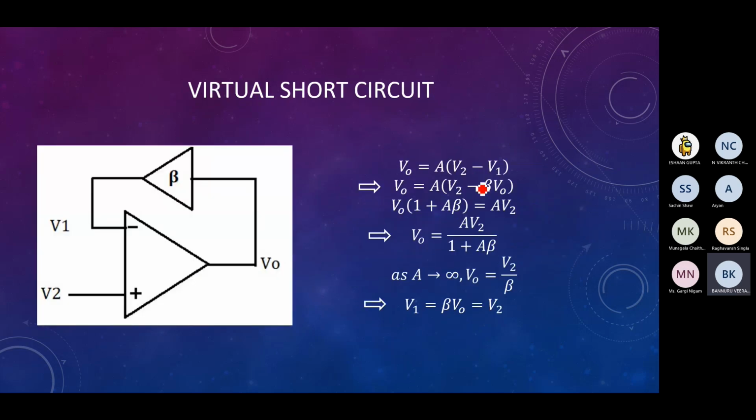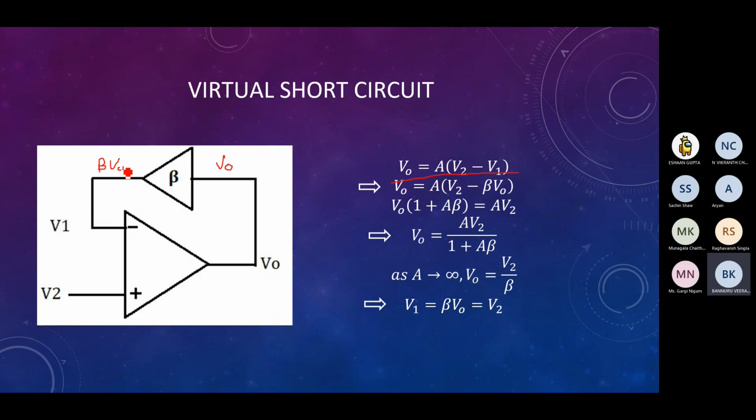And next, the virtual short circuit concept. Here we will be using virtual short circuit because let us take this circuit and analyze it. Initially, V out is nothing but A times V2 minus V1, and if we are giving the negative feedback, since it is connected to the negative terminal, this will be V0, and this will become beta times V0.